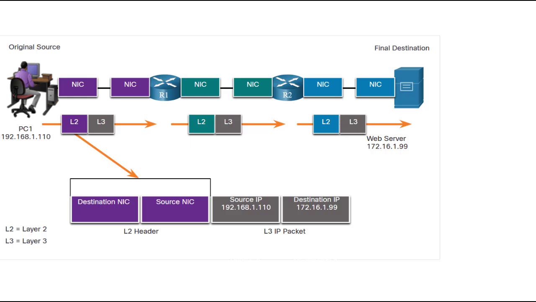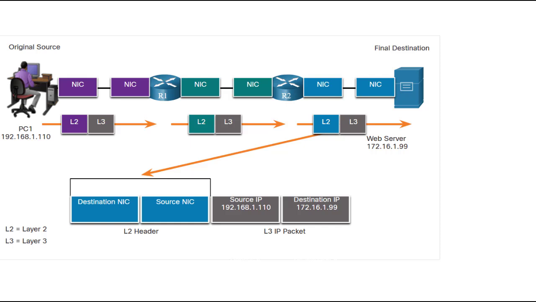In the Layer 2 frame header, PC1 adds its Layer 2 physical address as the source and the physical address for the adjacent interface on router R1 as the destination physical address. On the next leg of the journey, router R1 to router R2, R1 encapsulates the Layer 3 IP packet in a new Layer 2 frame, adds its Layer 2 address in the frame header as the source, and the Layer 2 address for R2's interface as the destination.